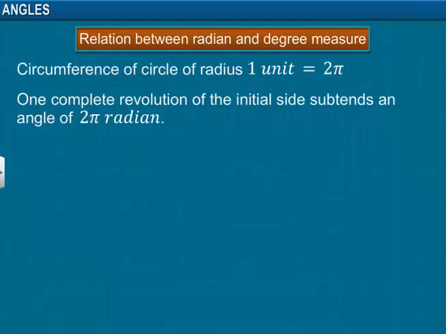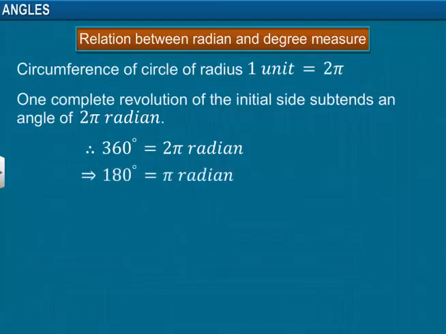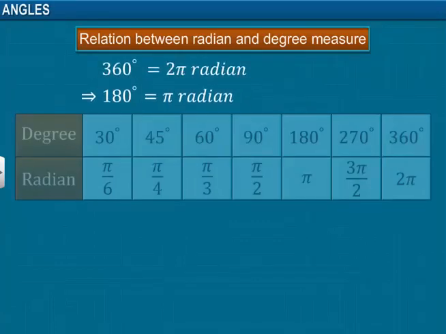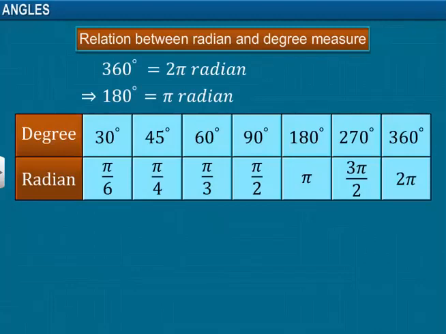Also, 1 complete revolution of the initial side is equal to 360 degrees. It implies that 360 degrees is equal to 2 pi radians, or 180 degrees is equal to pi radian. The table here shows the degree measures and radian measures of some standard angles.